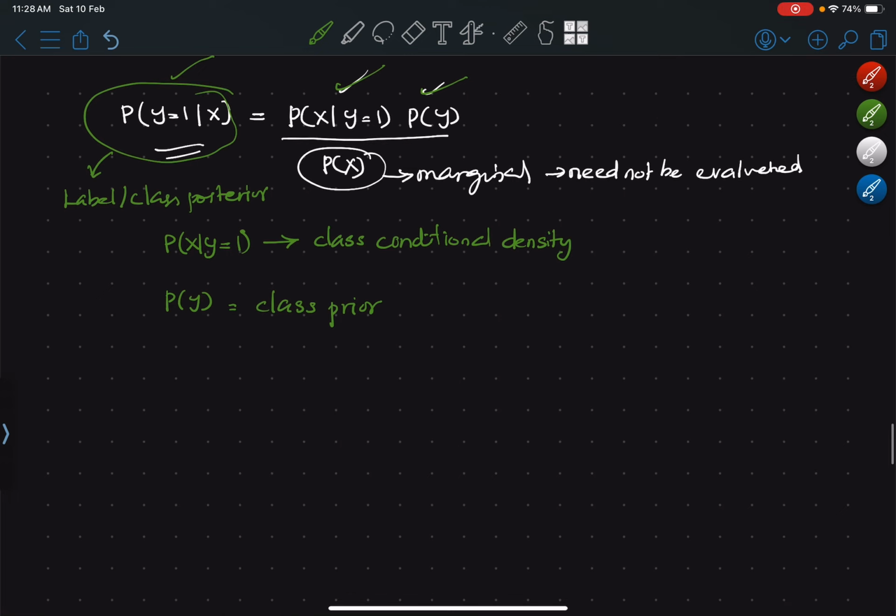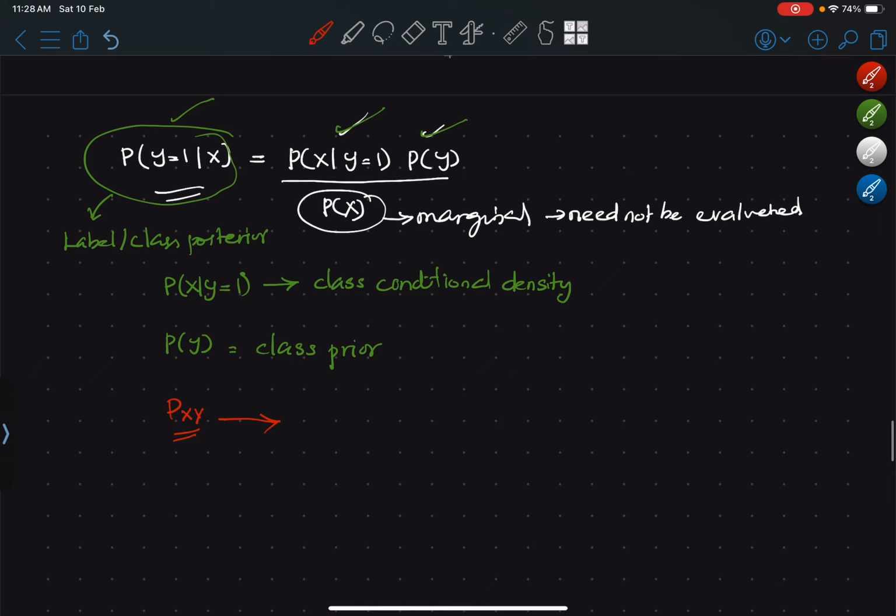So basically, remember the earlier setting which we discussed while we were considering the probabilistic viewpoint of the machine learning problem. There we said we have to estimate the distribution function p of x, y. That is the only thing we have to do to completely learn the machine learning problem.